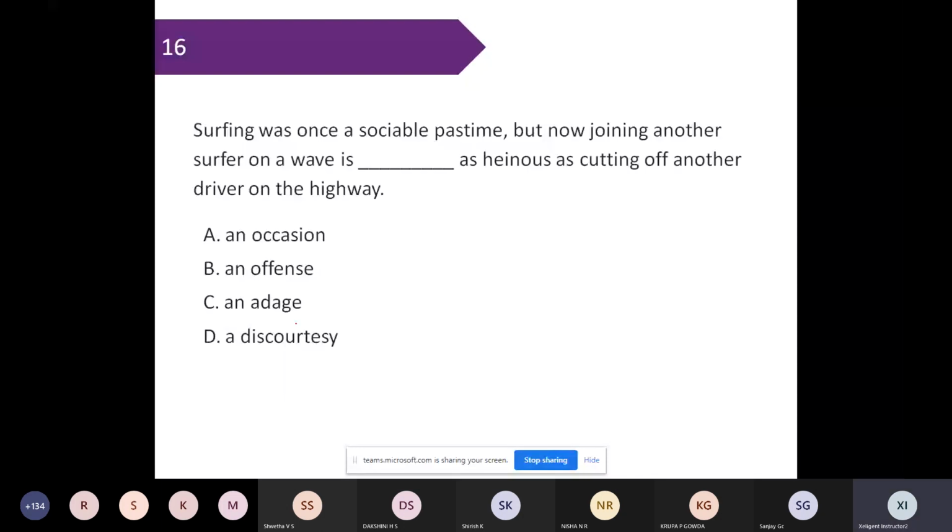Surfing was once a sociable pastime, but now joining another surfer on a wave is blank, as heinous as cutting off another driver on the highway. And you can identify which type of sentence this is.